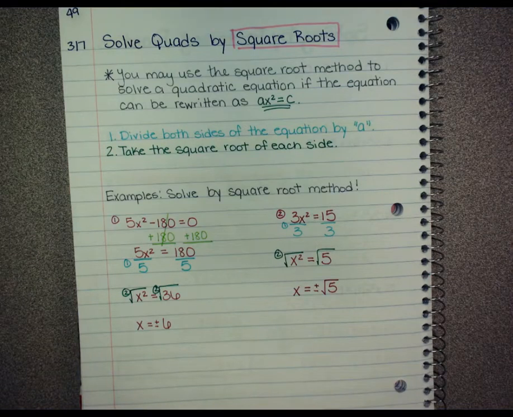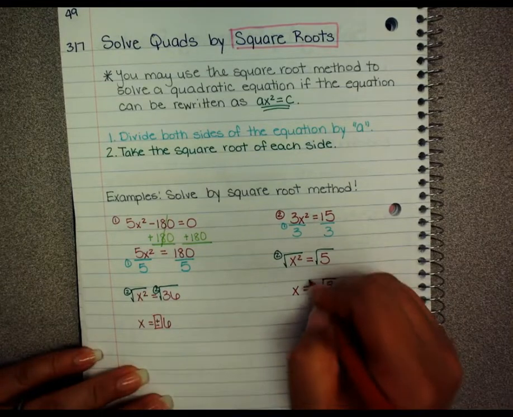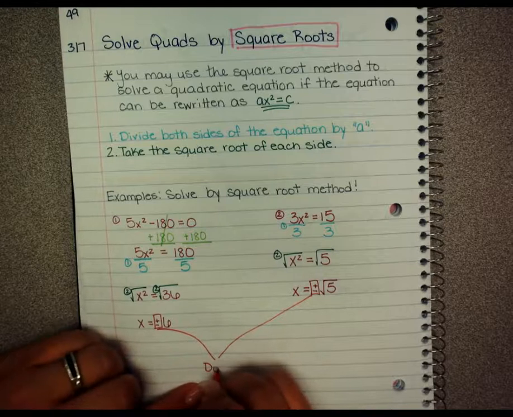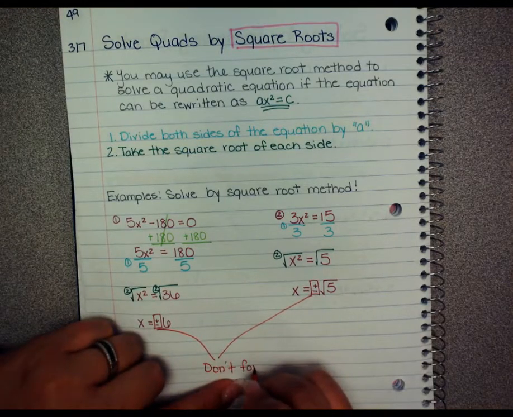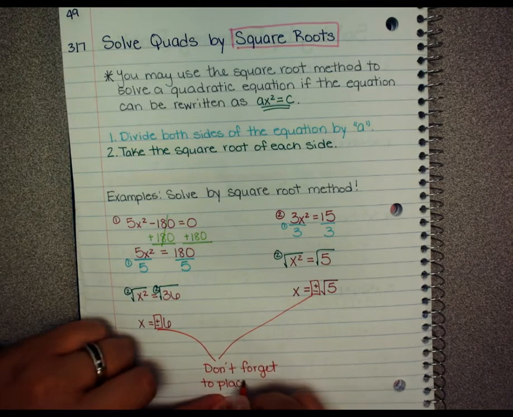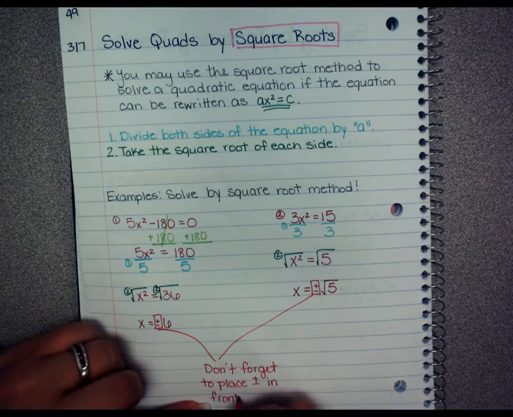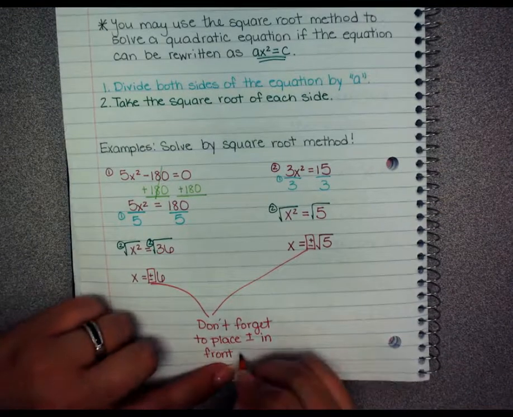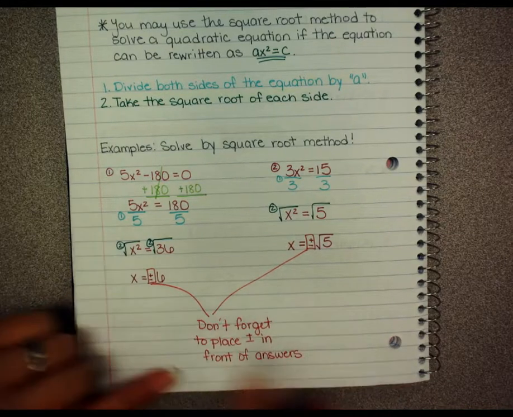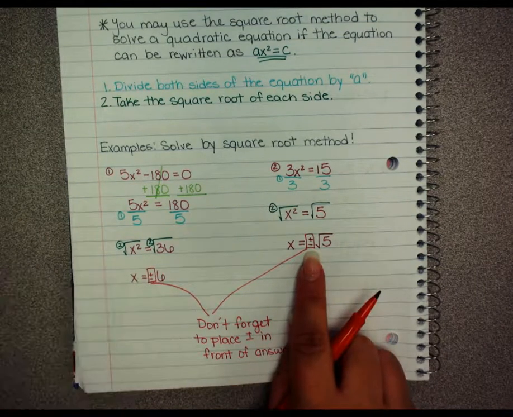Okay, now very, very important couple things. First thing is this plus minus, plus minus. You have to have this plus minus in front of all of your answers when you do the square root method.